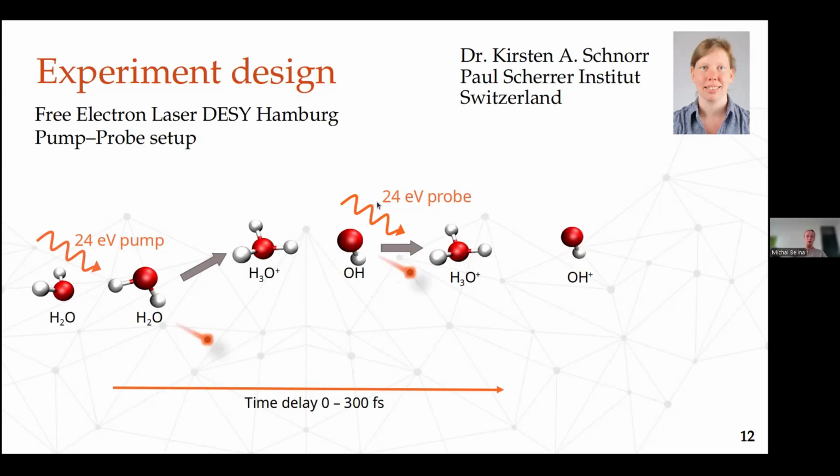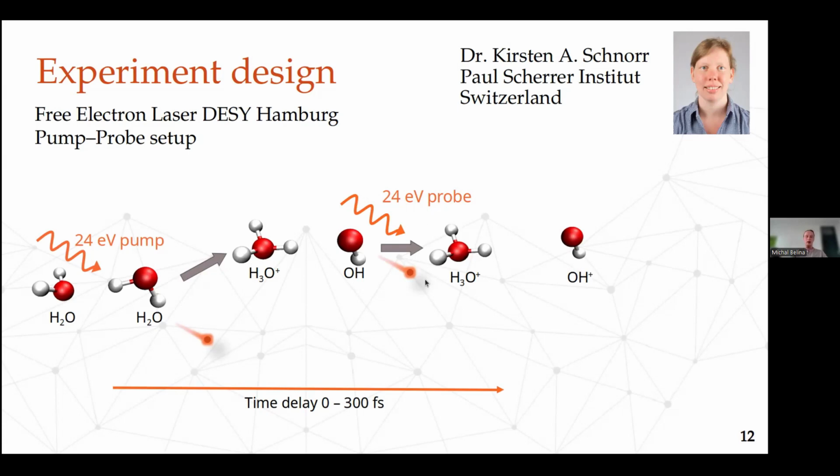And here the energy is crucial, because it was selected such that it cannot ionize this species a second time. It cannot create H3O++, but the energy is enough to ionize this OH radical.